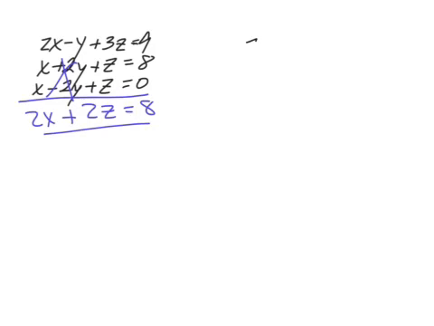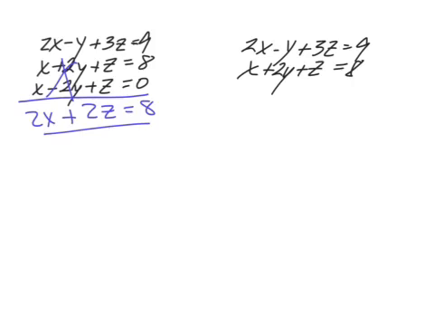So we have 2x minus y plus 3z equals 9. What did I say, the second one? Okay, so I got rid of y over here in this one, so I have to get rid of y in this one here.